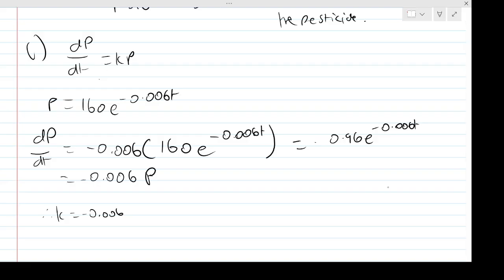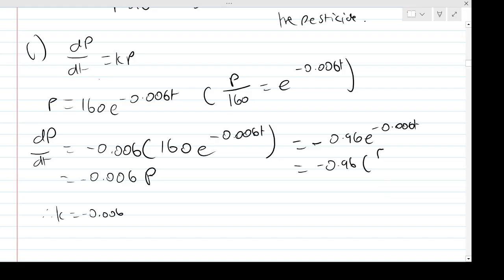So what you could do instead is recognise that e to the negative 0.006t is still part of p. I could rearrange it to say that p divided by 160 is e to the negative 0.006t. Then I could substitute that in, so it's minus 0.96 of p divided by 160, which is minus 0.96 divided by 160 p.